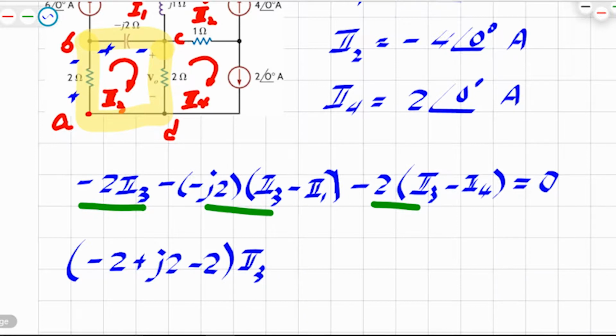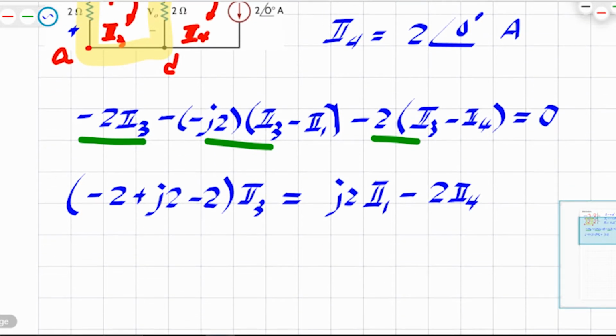And then what is given, I'm going to put on the other side. We have positive J2 times the negative I1, so on this side that will be J2 times I1. And then negative 2 times negative I4 is positive, but when I move it to the other side, that becomes a negative. So that's a 2I4.